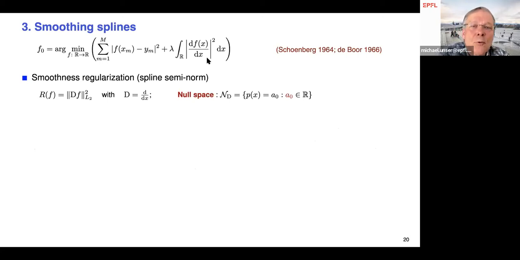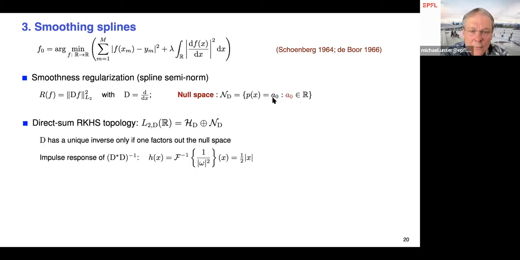Now, this also relates to splines. For splines, what we use as an energy is the L2 norm of the derivative of the function. And so there we have this regularization function. The operator is the derivative. Now there's one difficulty, because you have a non-empty null space, which is formed of constants.